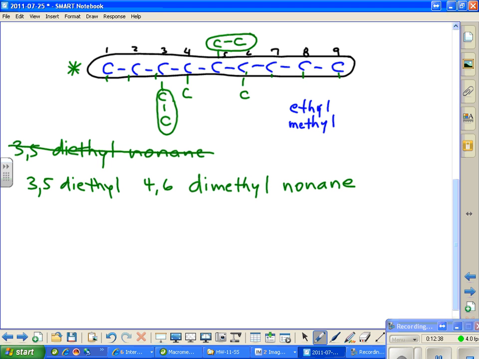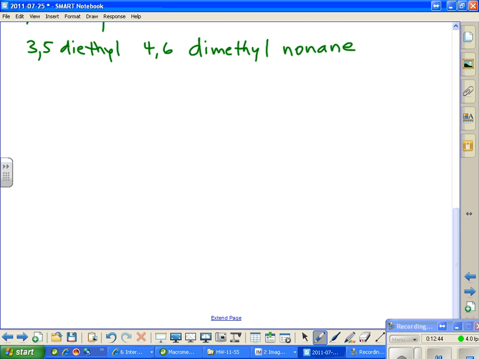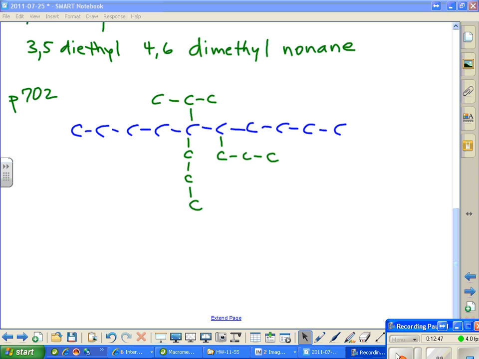Is this getting a little less mysterious about substituents? All right, let's try another molecule. Here's a new fun molecule. If you have your textbooks open to page 702, look at the substituents that we have now, and let's figure out, first of all, what end is going to be number 1?